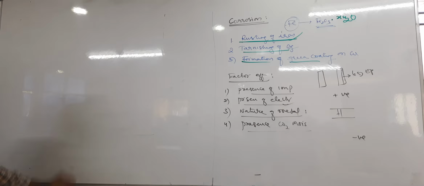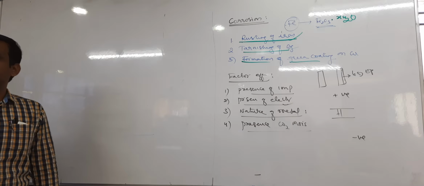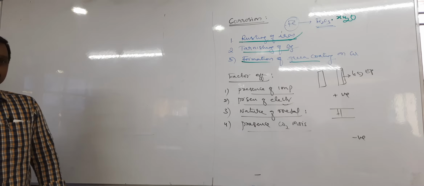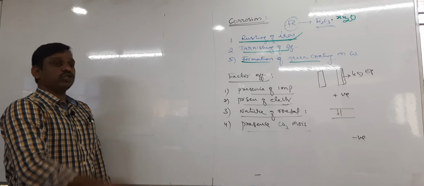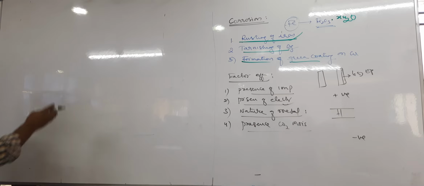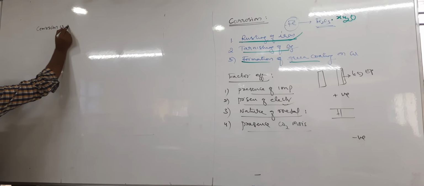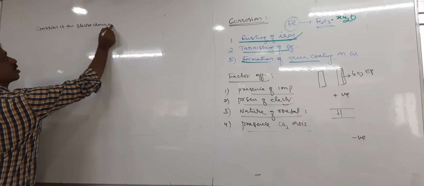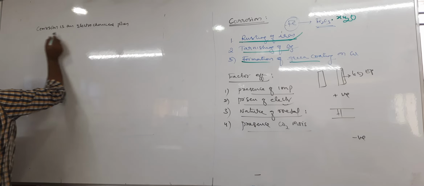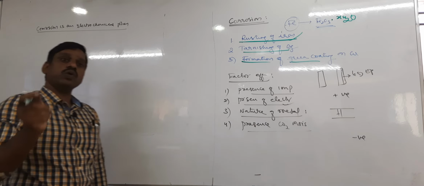We study it in electrochemistry because rusting of iron, or corrosion, is an electrochemical phenomenon. How is corrosion an electrochemical phenomenon? Here we study the rusting of iron, so rusting of iron is an electrochemical phenomenon.